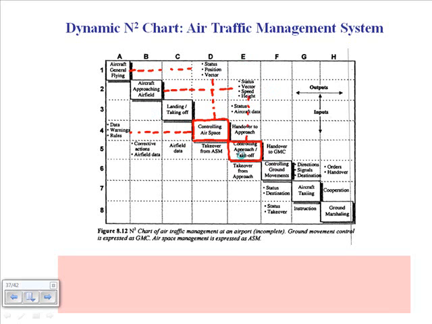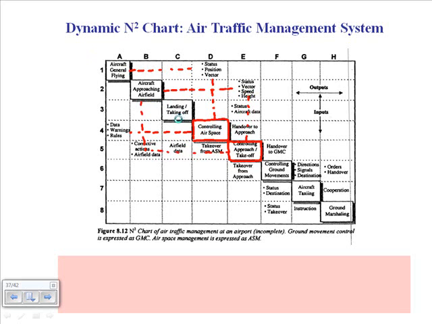And the controlling approach or takeoff is going to provide feedback to the approaching aircraft. In this case, it's going to provide corrective actions. It's going to also provide the airfield data back to this aircraft. So you can see what's going on here.